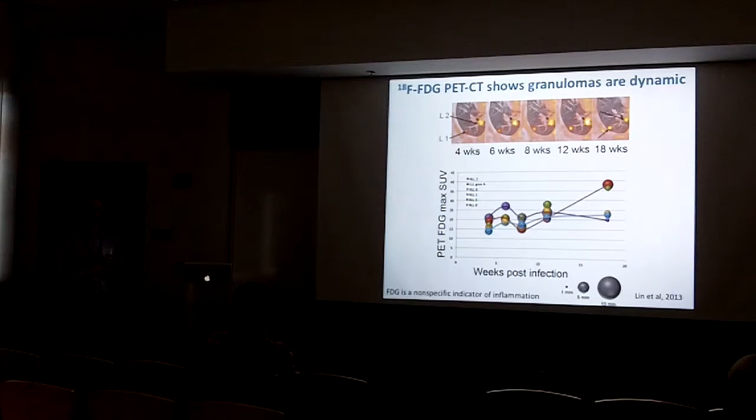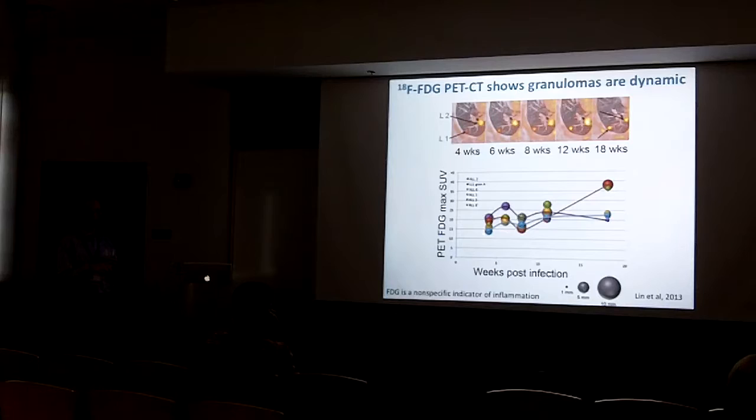In this section of monkey lung, what you can see is a pair of granulomas. One granuloma starts out hot, and if you watch over time, it shrinks in both its uptake of glucose, but also in size. Whereas this little granuloma down here begins off fairly diffuse and fairly dim in terms of its glucose uptake, and then increases over time. And these granulomas are separated by centimeters. So these each have different and independent trajectories.